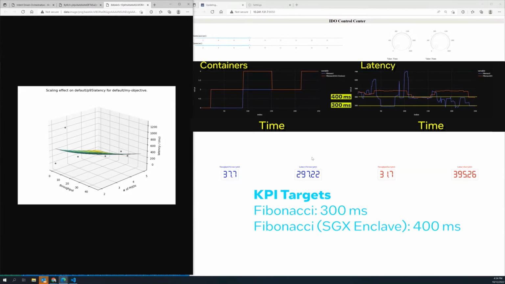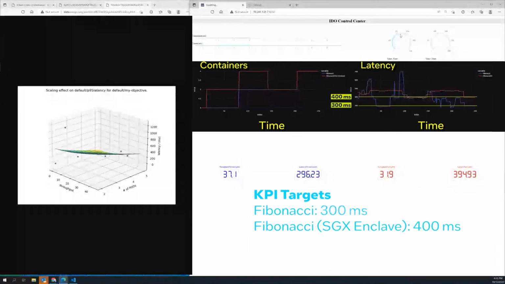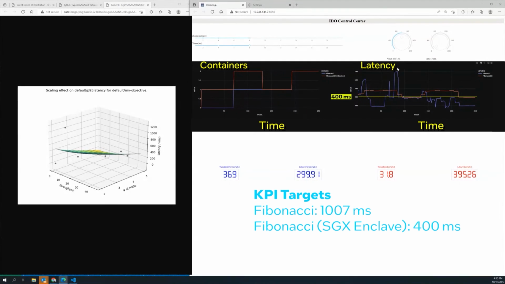Next, we would like to change the target latency for the blue workload. We increase that to 1000 milliseconds. After adjusting the latency, the planner registered that adjustment and starts acting on the new requirement. It triggers actuators and starts removing pods responsible for handling the requests for the non-encrypted workload.